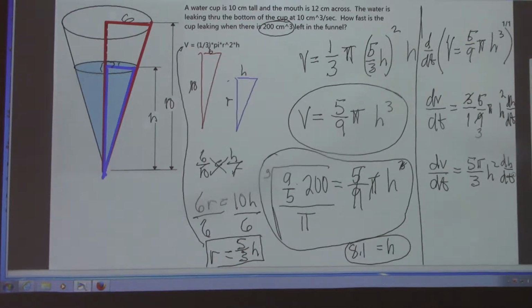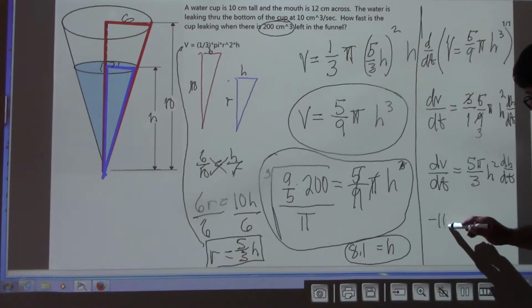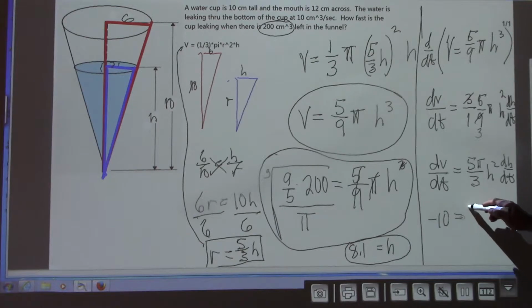So that means we're going to take 8.1 and plug it in for h, and we need to find dh dt, because we know dv dt is -10. So -10 is equal to 5 pi over 3 times 8.1 squared times dh dt.